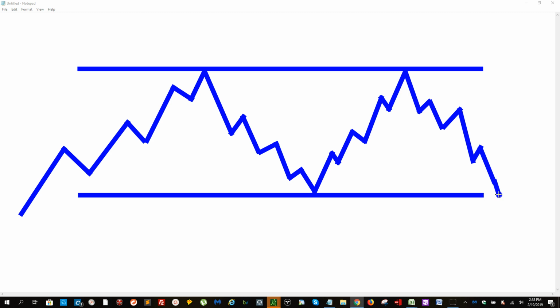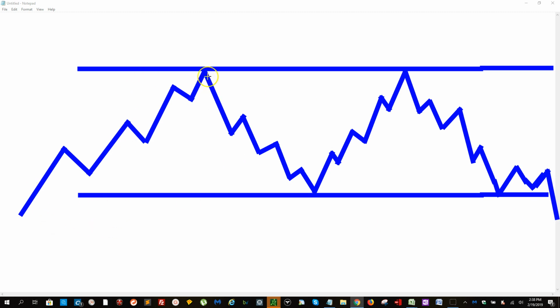And let's just say it gets to this point. We'll extend this a little bit. So let's say it gets to this point, and then it does something like this, bounces, but then all of a sudden it starts to go lower. Well, now we're making lower highs, so this thing could then go like this and eventually break through.